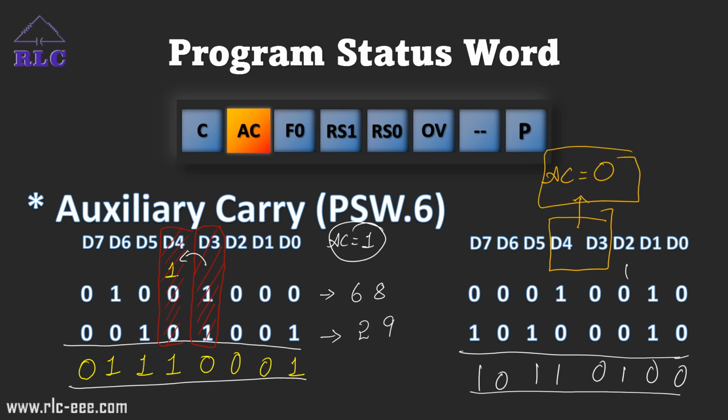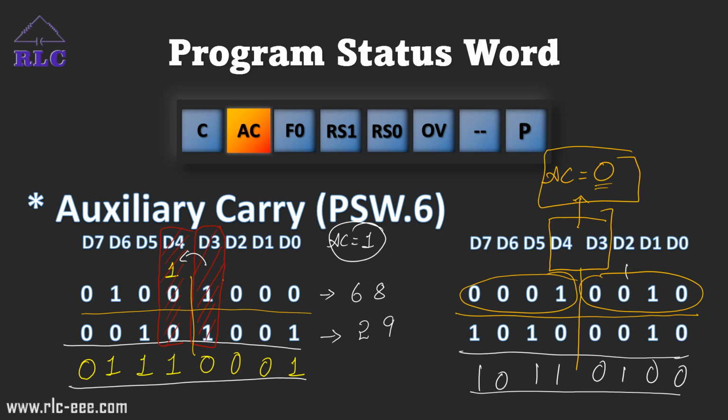In this example, this is one nibble, this is one nibble. From lower nibble to upper nibble, there is no carry being generated, so auxiliary carry is equal to 0. But here we can see that from lower nibble to upper nibble the carry is being generated, or else from D3 to D4 the carry is being generated, so auxiliary carry is equal to 1. This is the auxiliary carry flag.